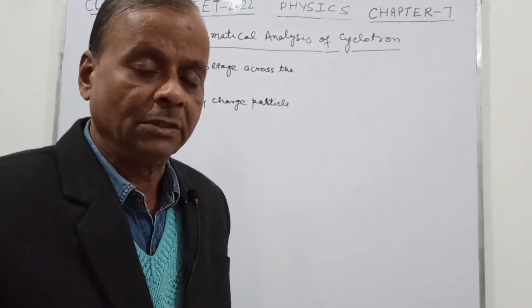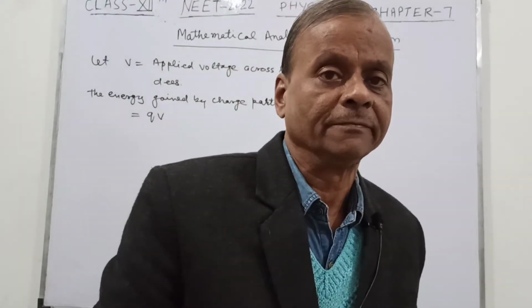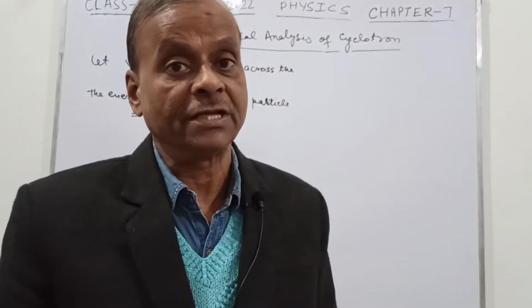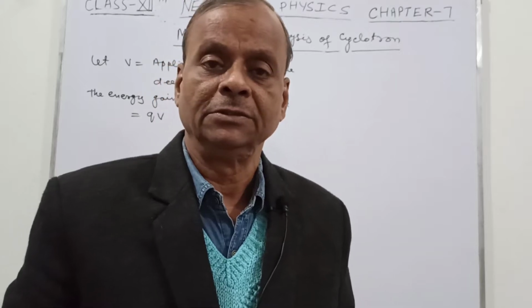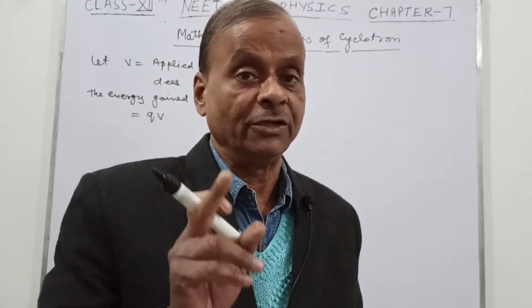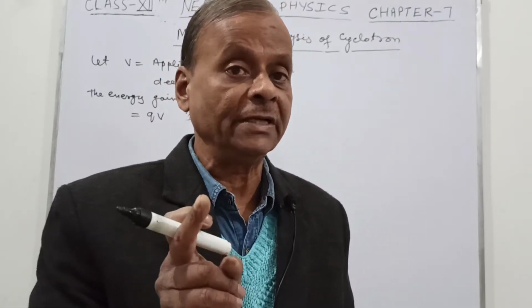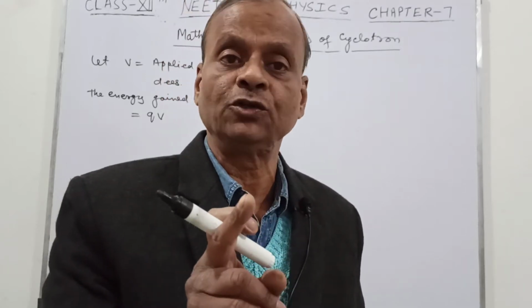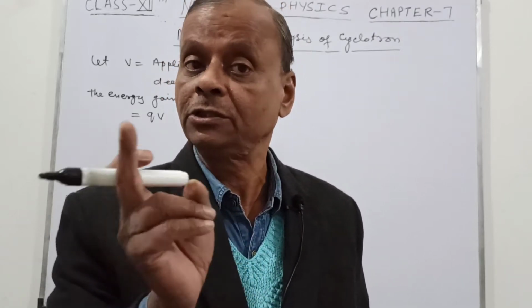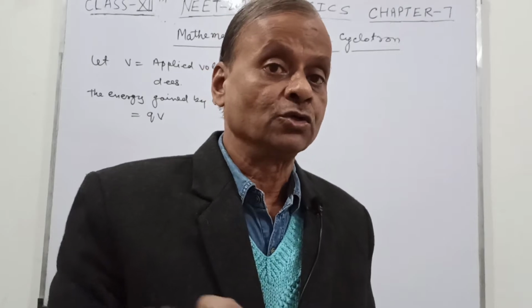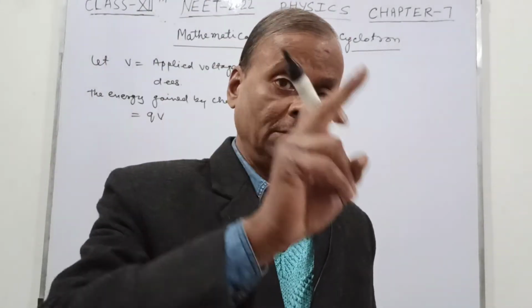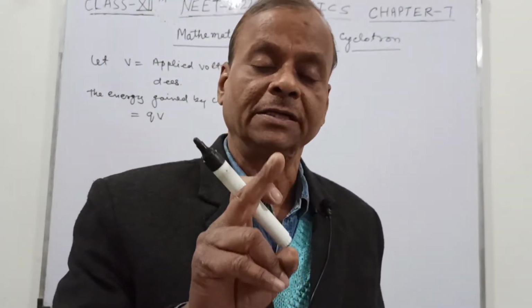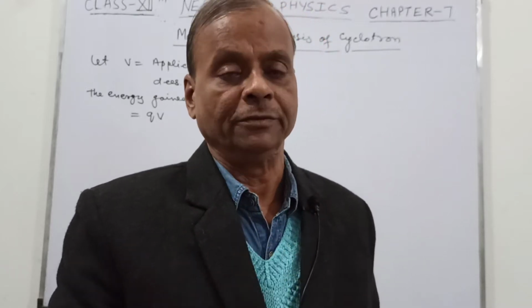And we know that in one rotation the charged particle crosses the gap 2 times. It means that the first time it gains the energy QV and the second time it gains the energy QV. So the total energy gained is 2QV. So in one cycle the particle gains the energy 2QV.